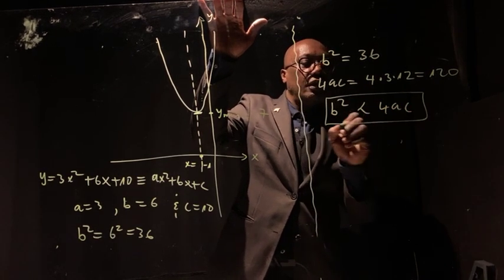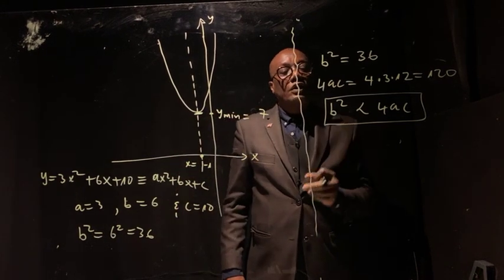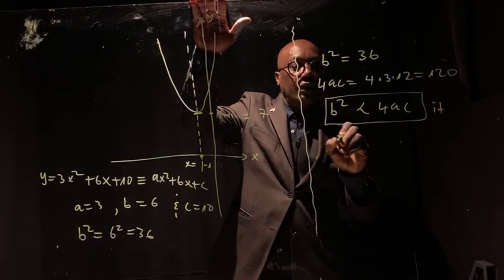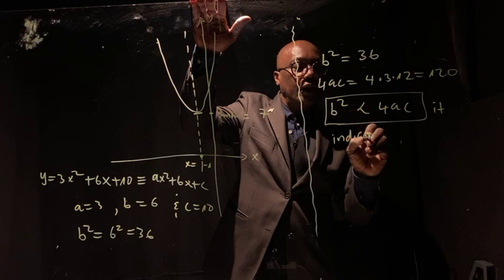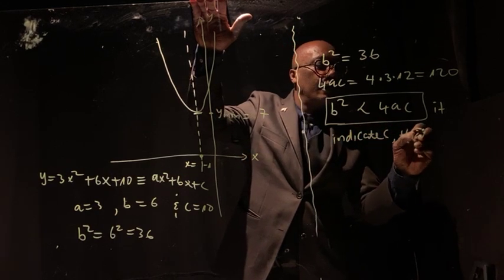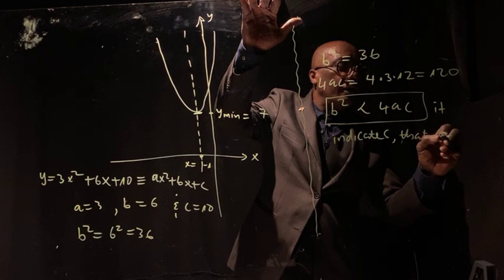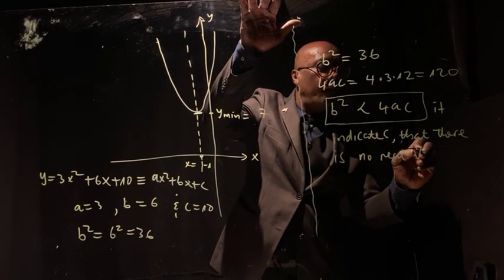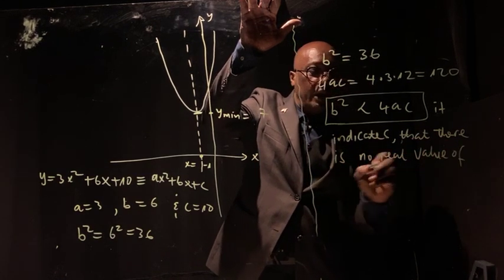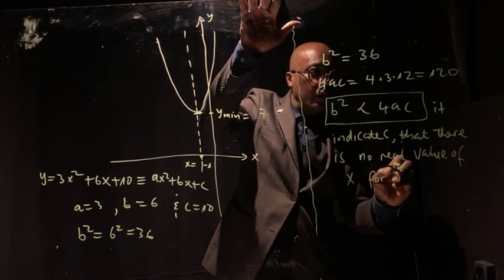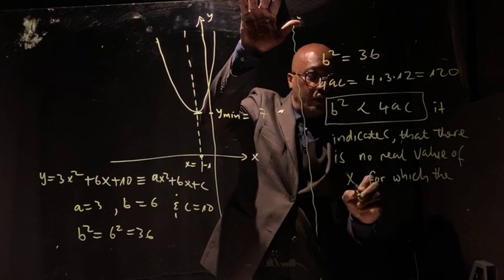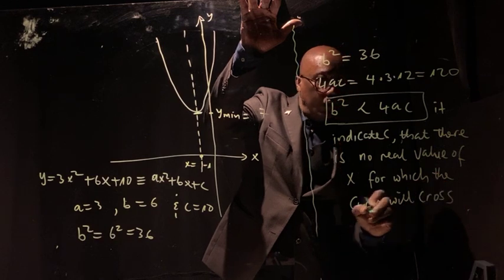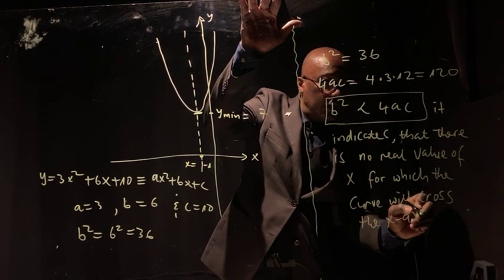This discriminant indicates that whenever b squared is less than 4ac, there is no real value of x for which the curve will cross the x-axis. Very good.